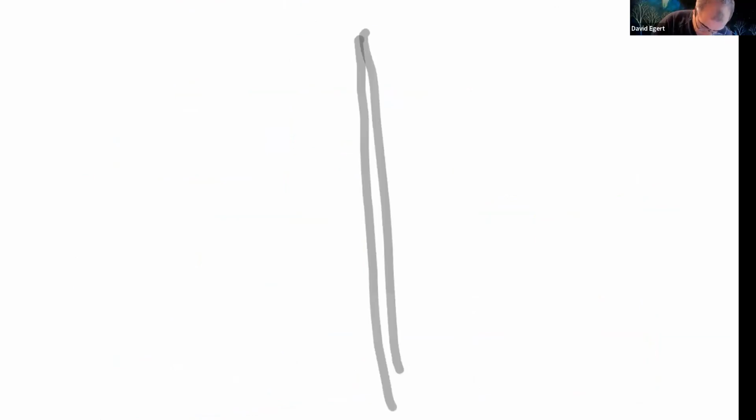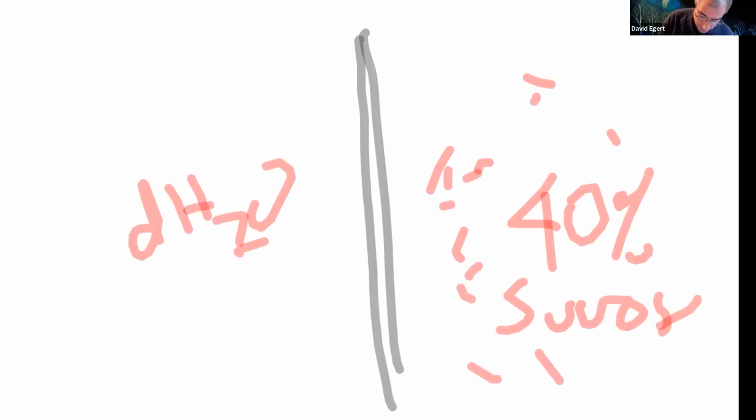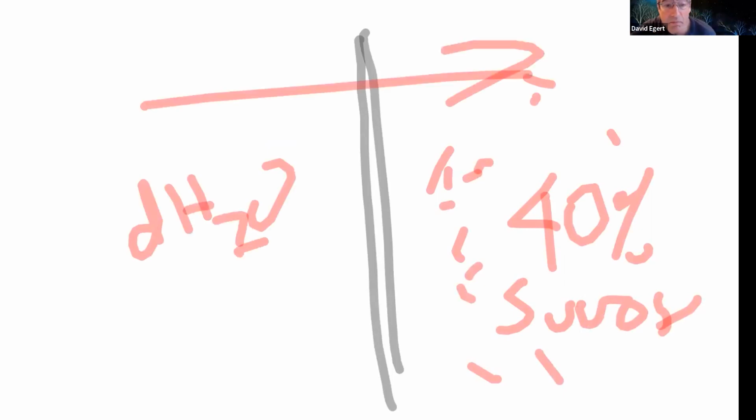Yeah, exactly. If I have 40% sucrose on one side and distilled water on the other, that's osmosis. Water is going to move towards where there's more solute. That should feel familiar. The water gets drawn towards the solute.